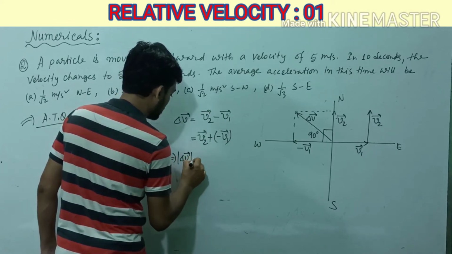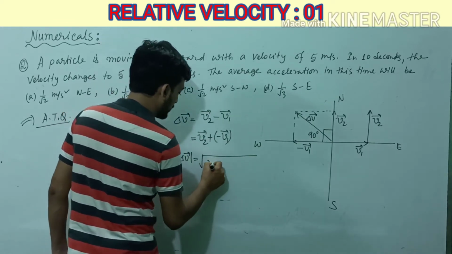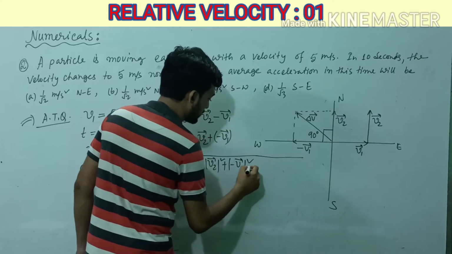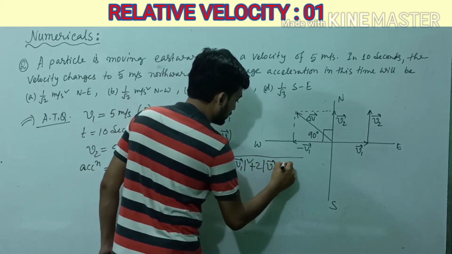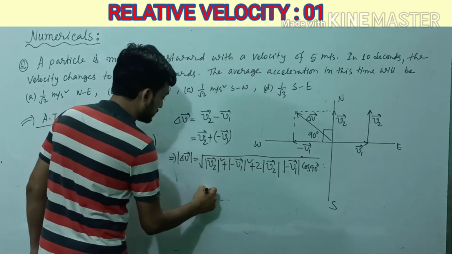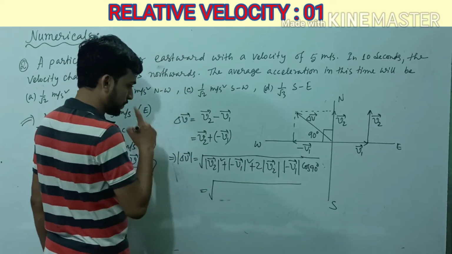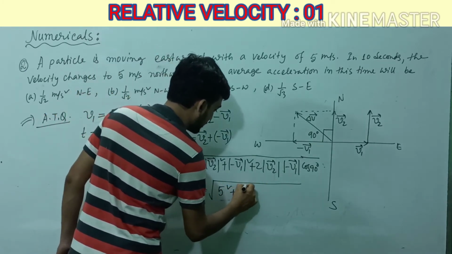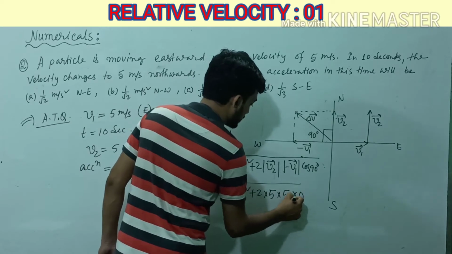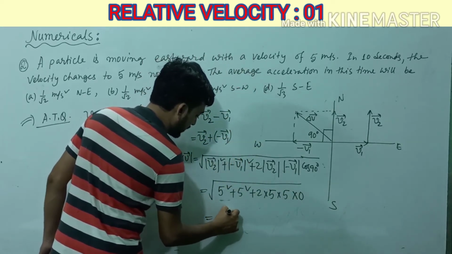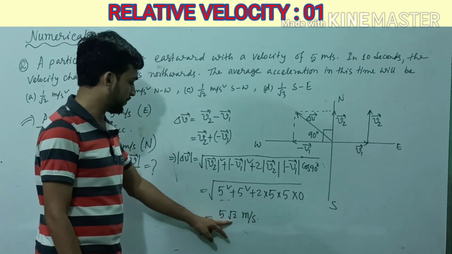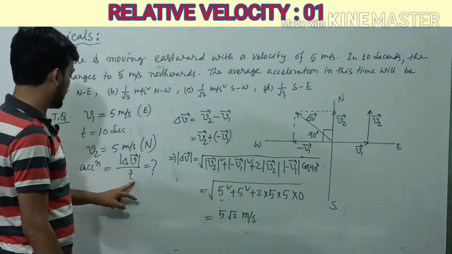Mod delta v vector is equal to square root of v2 square plus minus v1 square plus 2 v2 minus v1 cos 90 degrees, which is the square root of 5 square plus 5 square plus 2 into 5 into 5 cos 90, which is 0. So it will be 5√2 meter per second.